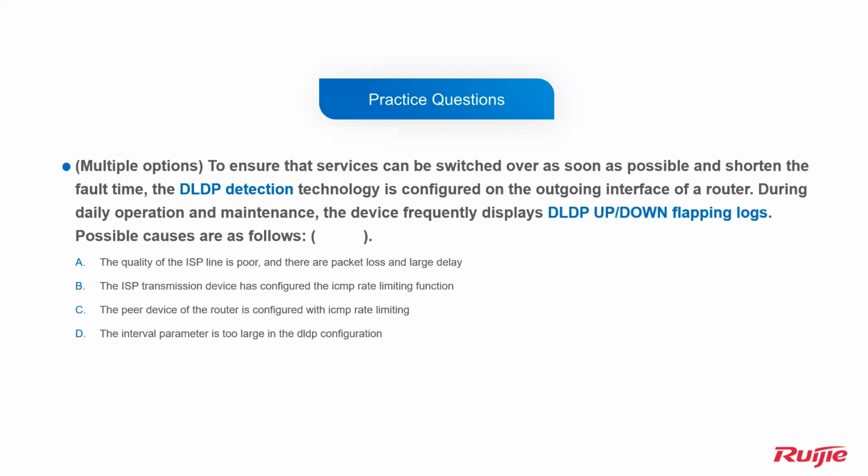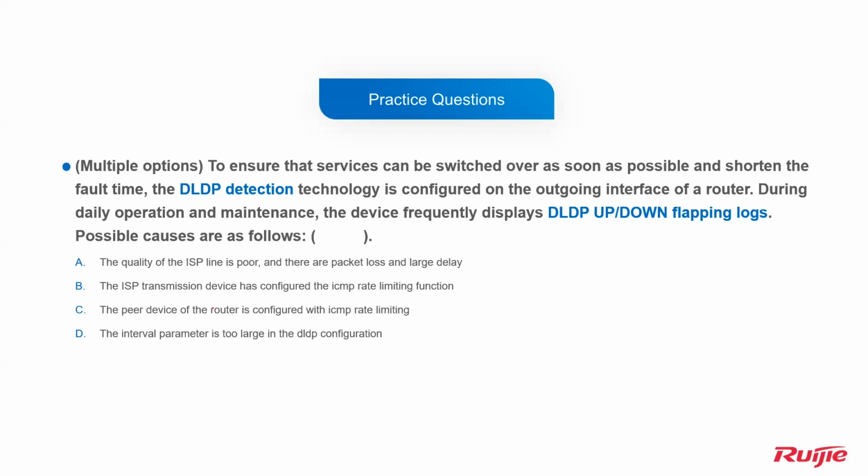And next, to ensure that services can be switched over as soon as possible and shorten the fault time, the DLDP detection technology is configured on the outgoing interface of the router. During daily operation and maintenance, the device frequently displays DLDP up or down flapping logs. So what are the possible causes?